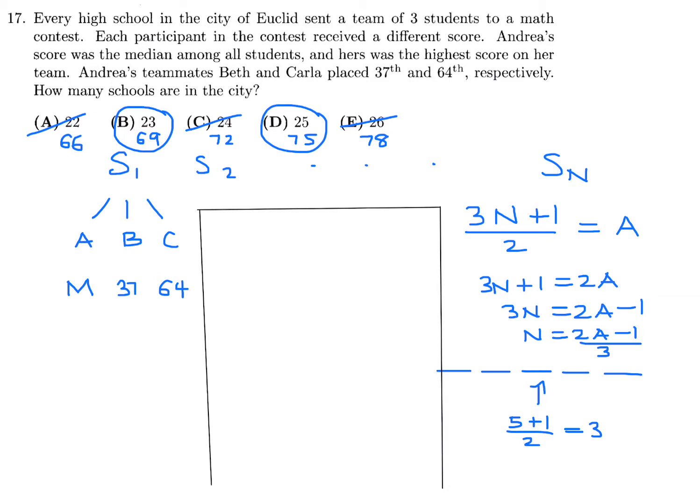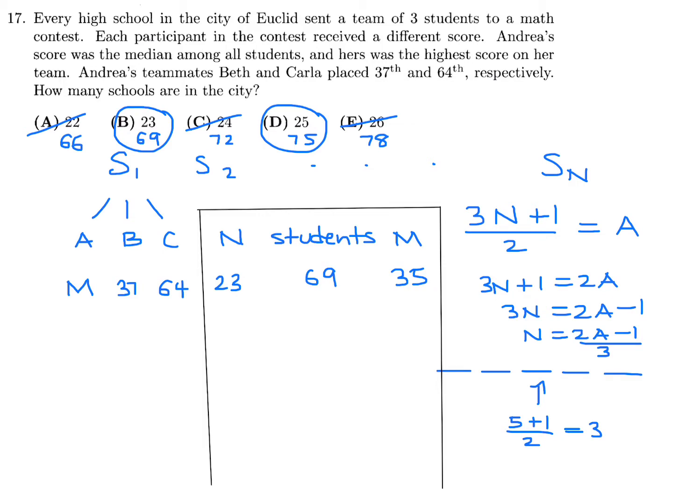So let's make a little table since we only have 2 answer choices. We've got n, the number of students, and the median. Our only choices are 23, where the number of students would be 69. The median we can figure out with this formula: 3 times n plus 1 divided by 2, so the median here would be 35.